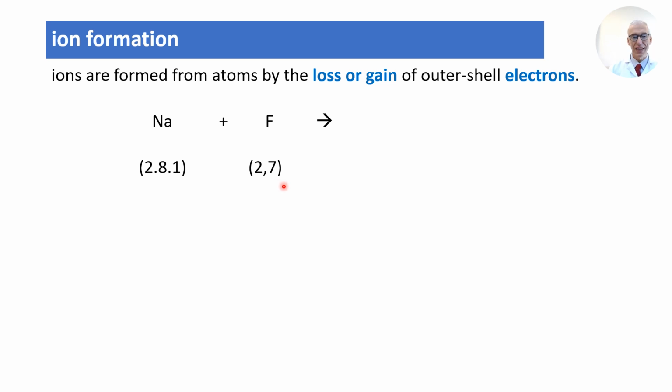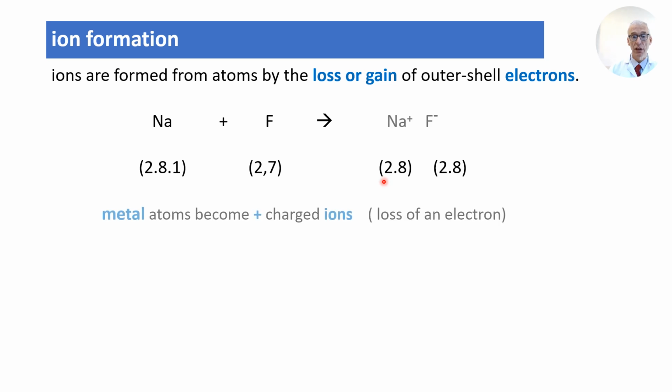Pause and predict the ions formed by sodium and fluorine by the loss or gain of outer shell electrons. Come back to check against my idea. To start again, we have sodium losing 1 electron to form the sodium plus ion.